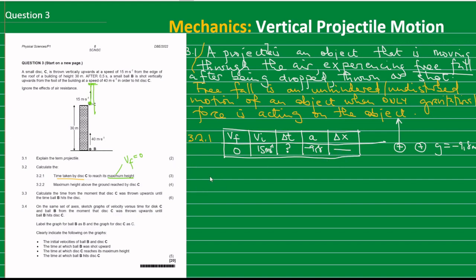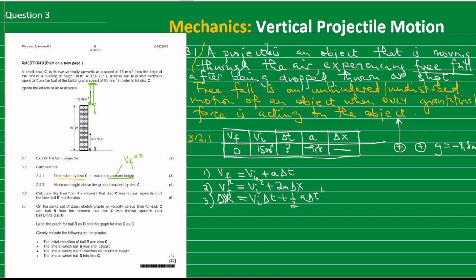As you are aware, we have got 4 equations. They are stated as v final is equal to v initial plus a delta t. The second one is v final squared is equal to v initial squared plus 2a delta x. The third one is delta x is equal to v initial delta t plus half a delta t squared.